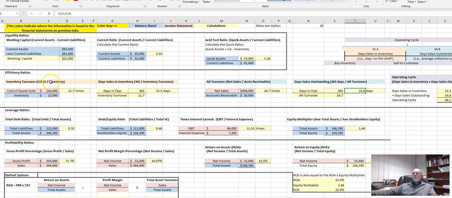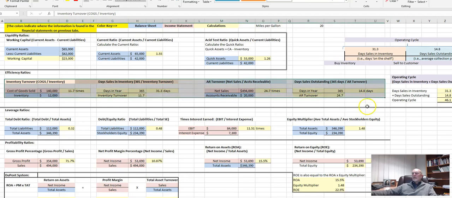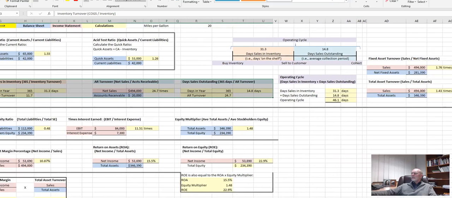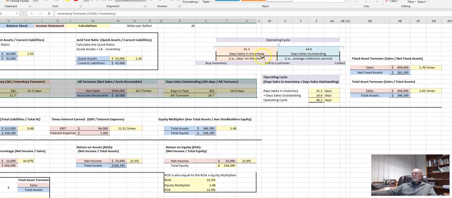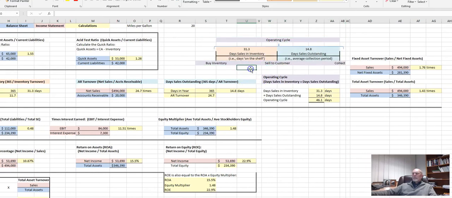These two measures that we just looked at, inventory turnover and accounts receivable turnover, if we combine those two, let me scoot the screen over. If we combine those two measures, we have what we call the operating cycle. For a company that is in the business of buying and selling inventory, here's the cycle that they constantly go through.